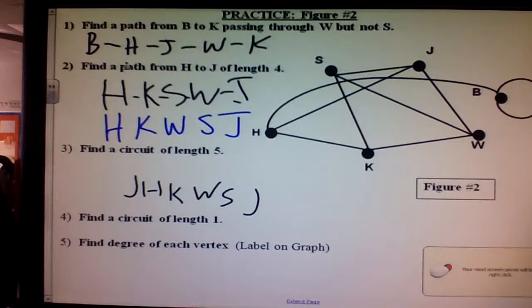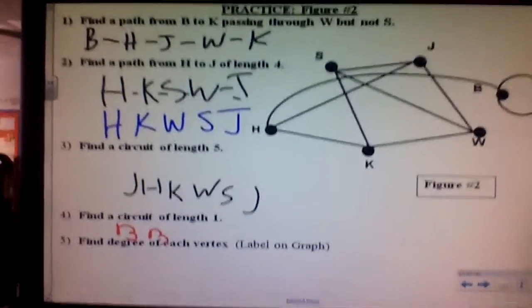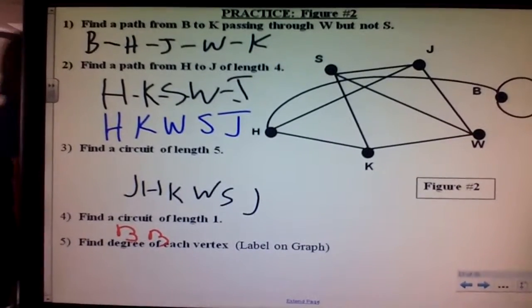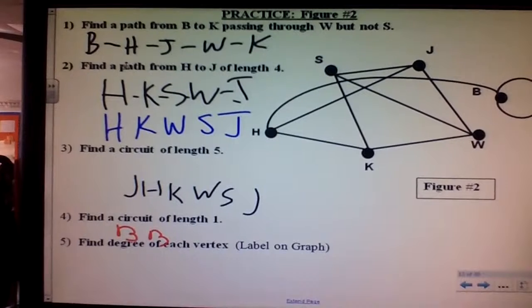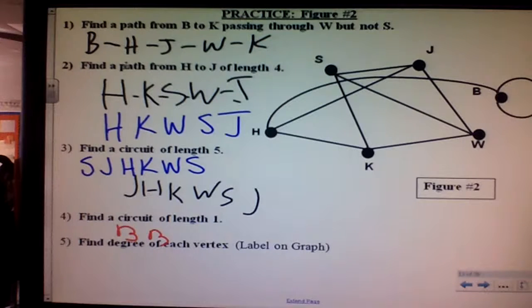Good. J to H, H to K, K to W, W to S, and S to J. I got one. What did you have for this one, Pam? So S to J, H to K, W to S. Okay, I got one.